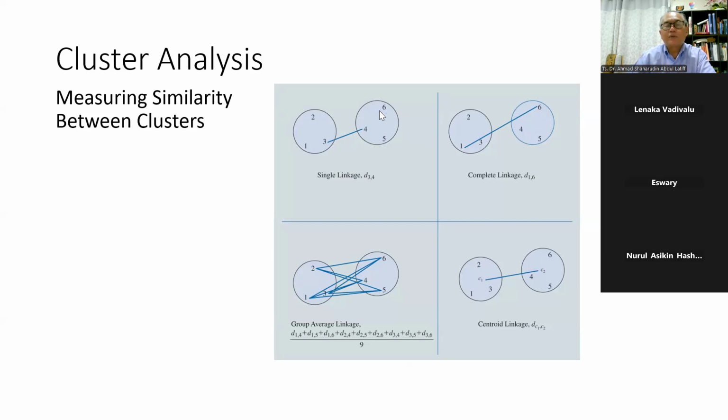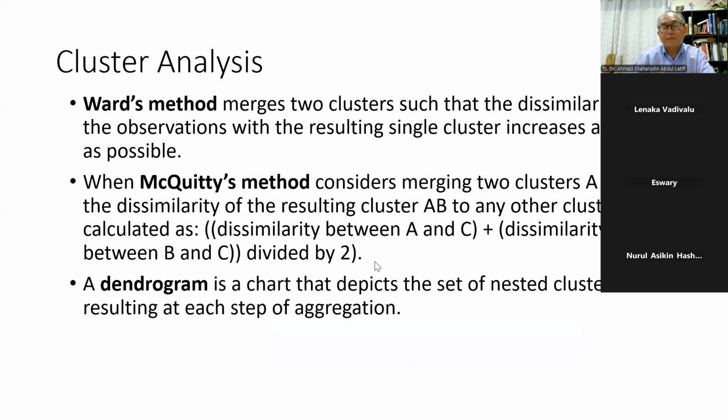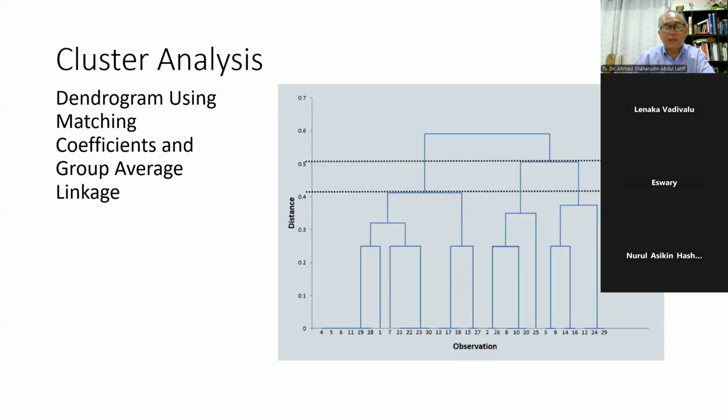This is from one cluster to another cluster, and you can see the distance by single linkage. With complete linkage, you take the furthest, from number 1 to the furthest number 6 here. With group average linkage, you combine and then divide by the number of observations. Centroid linkage will be the center. Besides that, you can also use a dendrogram. Using the matching coefficient, you develop the dendrogram.